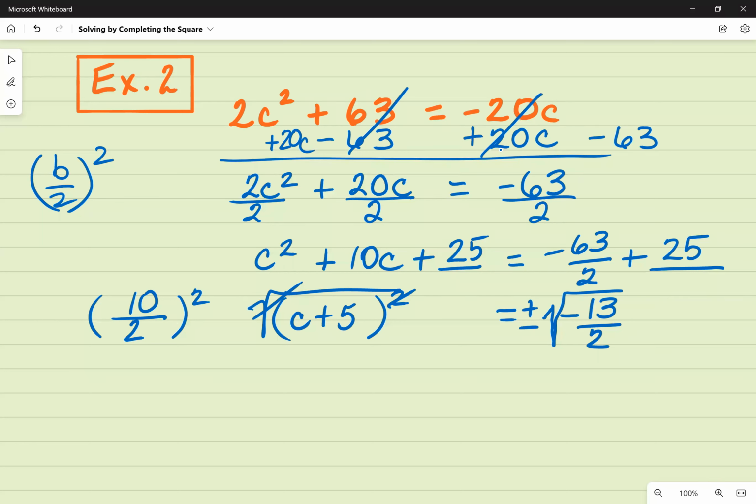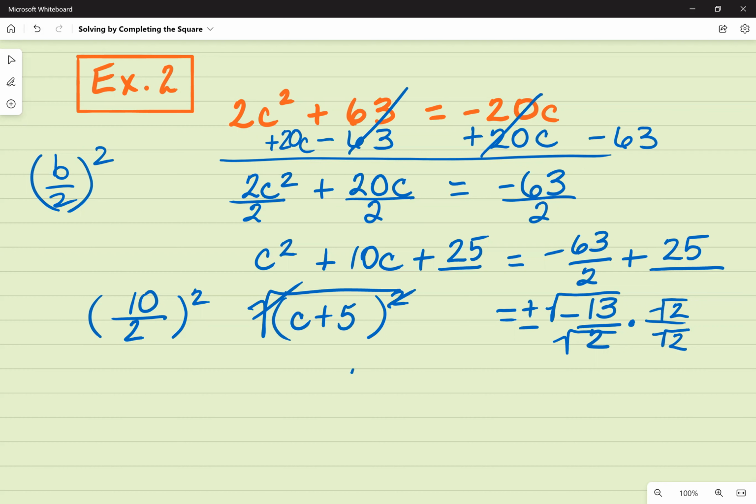So this is the same as just saying the square root of the top and the square root of the bottom. It means the same thing. However, you cannot have a radical in your denominator. So we're going to rationalize it. How do you do that? You just multiply both the numerator and the denominator by the current radical that's shown in the denominator.